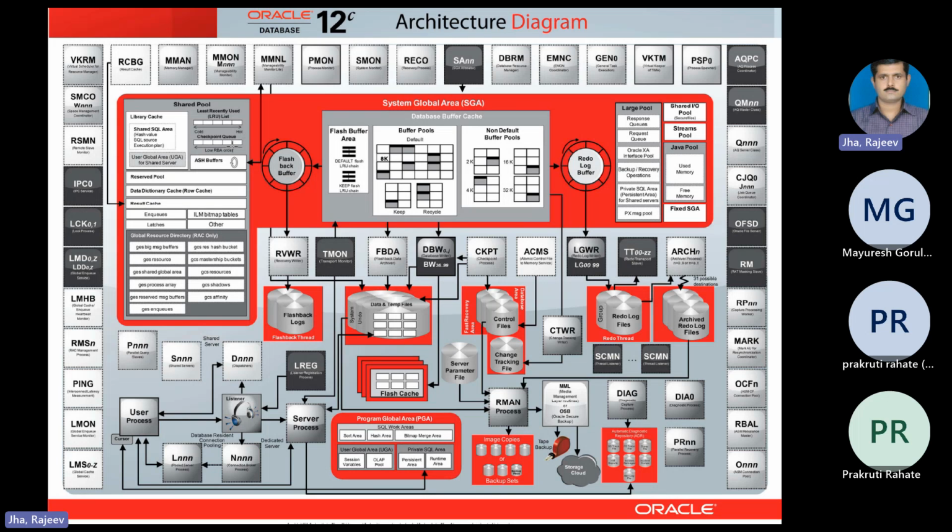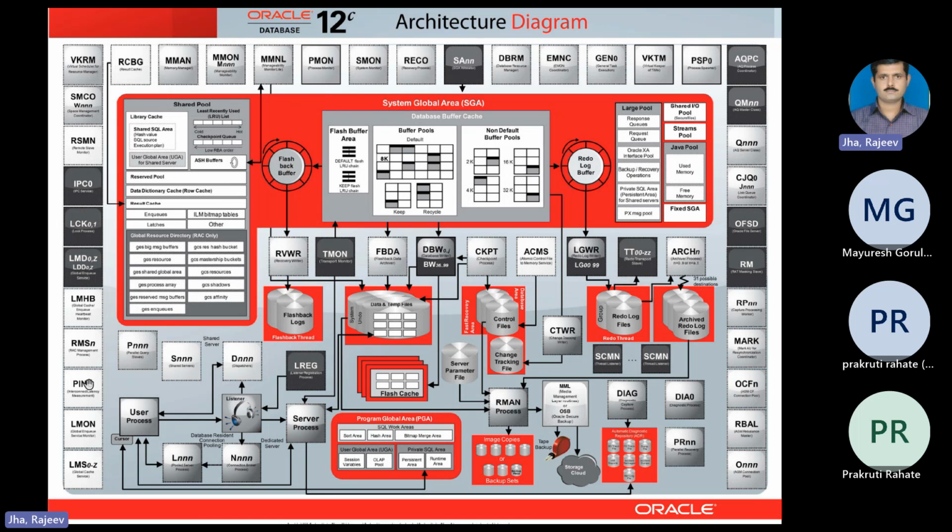And within SGA, we have some small components: the shared pool, the data dictionary cache, a large pool, a Java pool, a shared IO pool, a streams pool, and then we have a flashback thread. These are the data files we have. We have the control file, the data and temp files, and the log files.